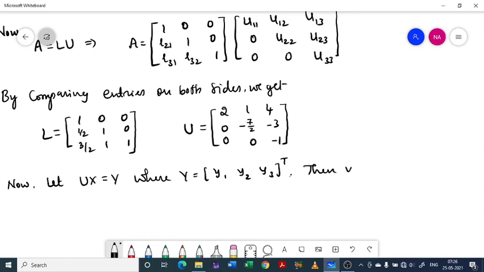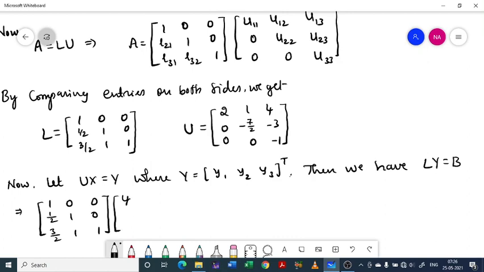Then we have Ly equal to b, which implies L means [1 0 0; 1/2 1 0; 3/2 1 1] times y, that is y1 y2 y3, equal to b. So what is b? [4 -5 -1].